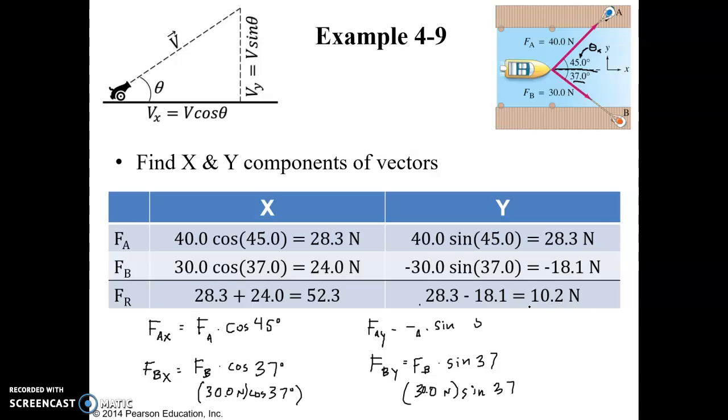So we can see that it has a positive net force, positive 10.2, which means that this guy in the blue is pulling the boat up harder than the guy in the orange is pulling it down, and so the boat is going to end up drifting and hitting this side of the dock if they continue to apply these forces.